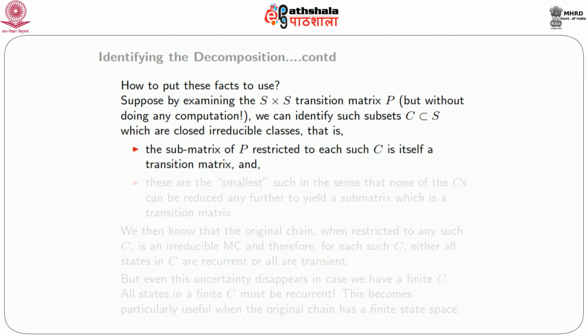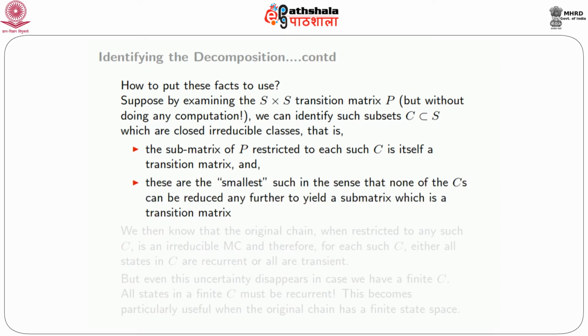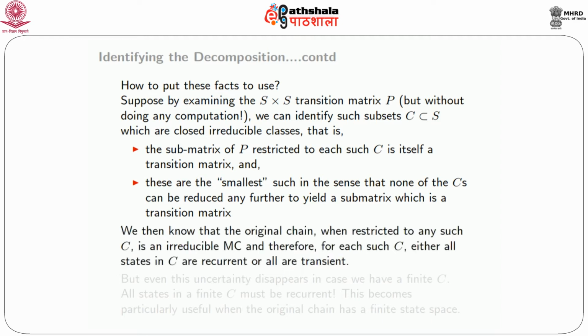That is, the submatrix restricted to C, each such C is itself a transition matrix, and these are the smallest such, in the sense that none of the C's can be reduced any further to yield a submatrix which is a transition matrix. So these are sort of smallest subsets of S where restriction of P remains a transition matrix. We then know that the original chain, when restricted to any such C, is an irreducible Markov chain.